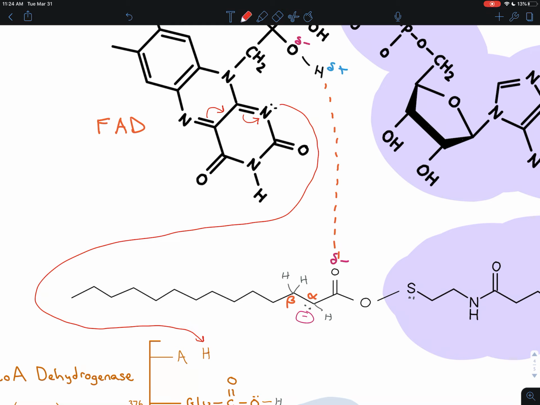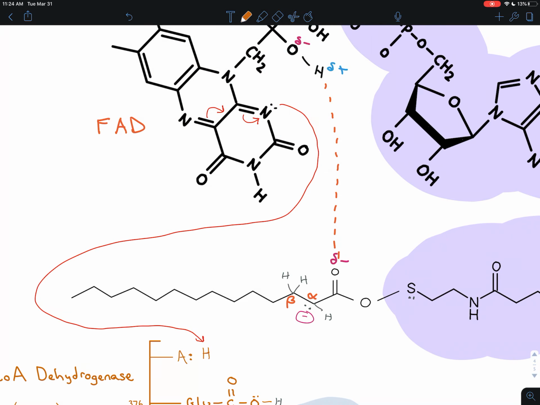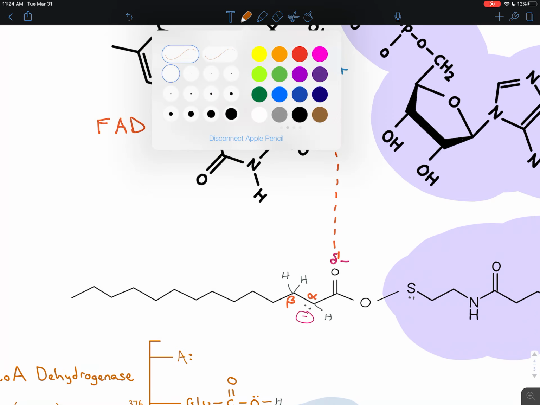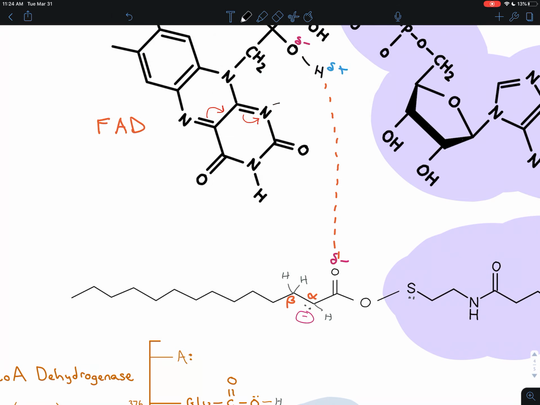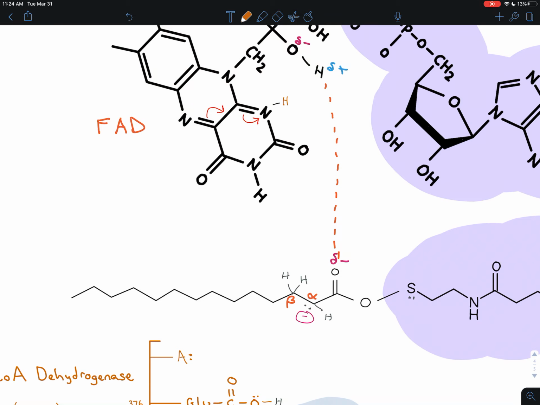If we move this acid hydrogen onto the nitrogen of FAD, that would then have a positive charge. And so it pulls these electrons over.